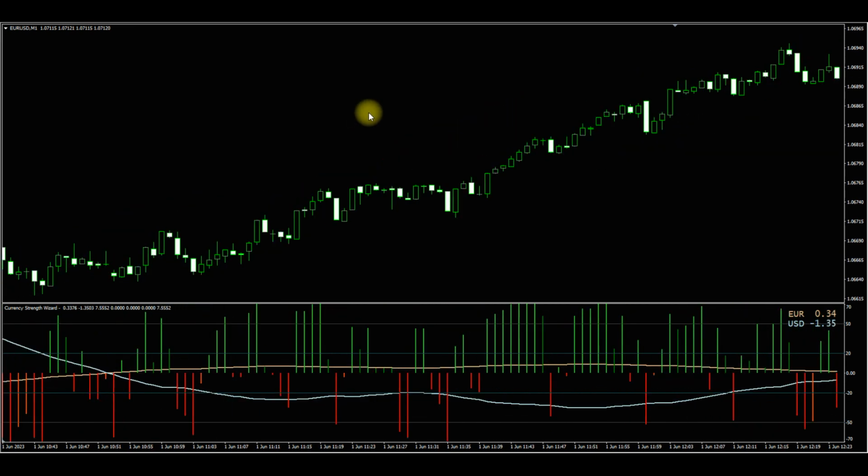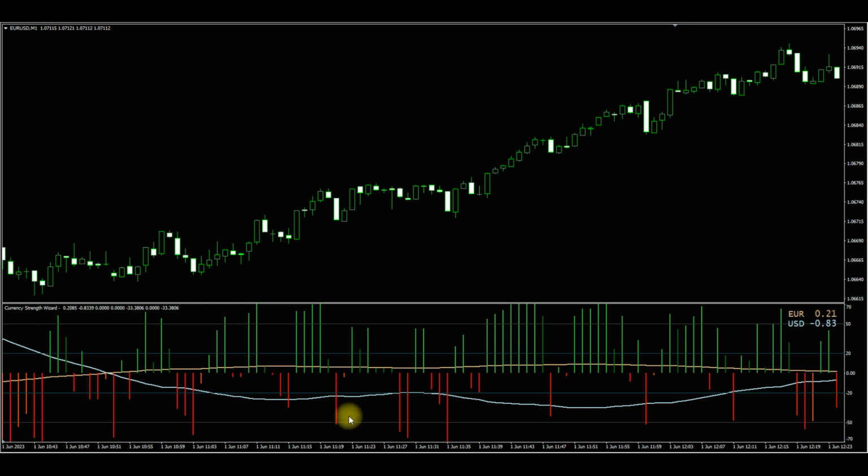So these two power lines, which I mentioned earlier, also show you how powerful the trend is. The width of these lines shows the strength of the trend.